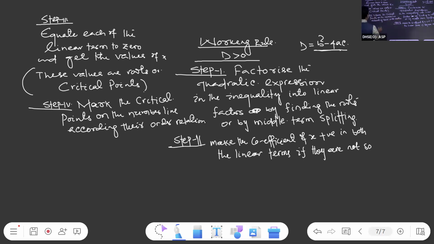And the two critical points divide the number line into three regions.